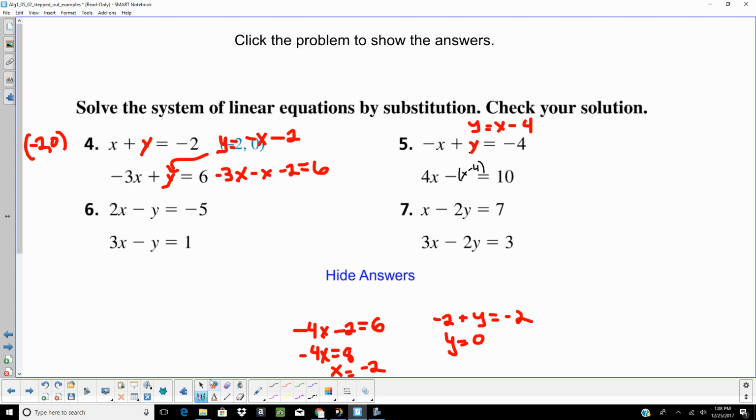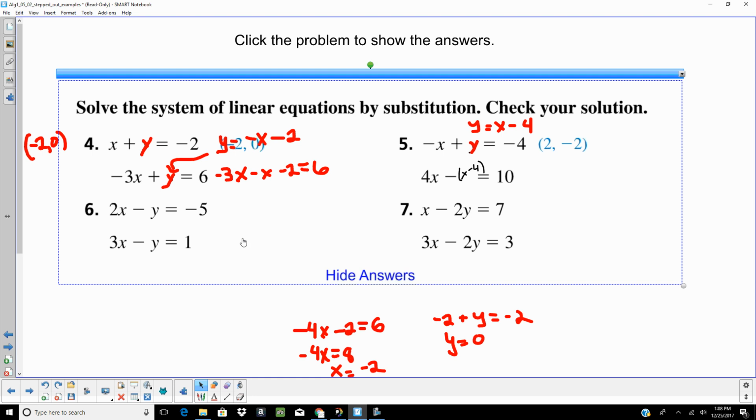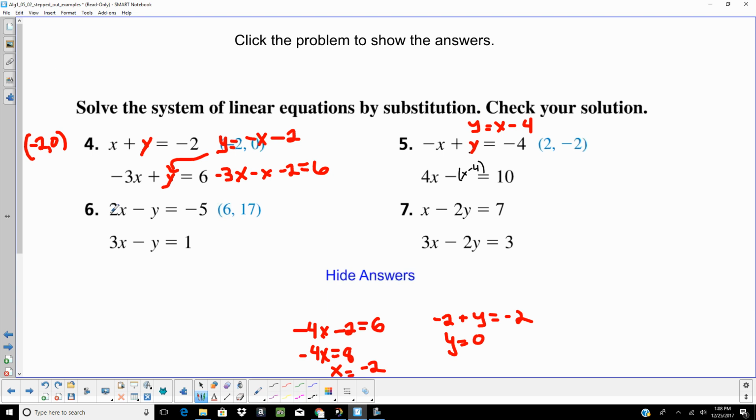Number 6, your answer should have been 6/17. On that, I would have taken that first equation, 2x minus y equals -5. Subtract 2x from both sides.